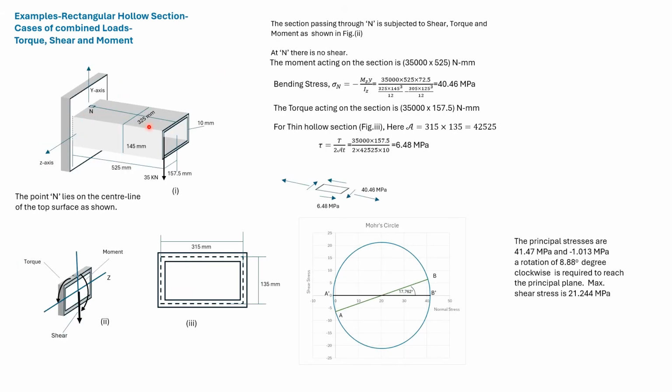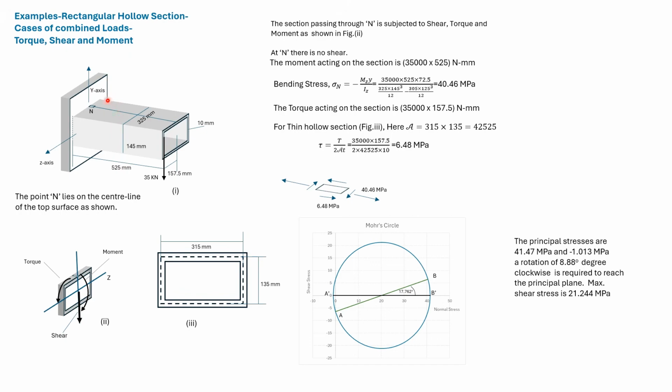Here we have a structure that has a hollow rectangular section. It is subjected to a force as shown. At any given perpendicular section, the section will be subjected to shear, torque, and bending.